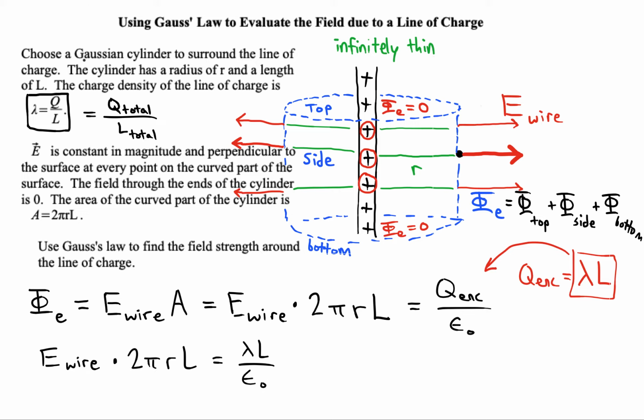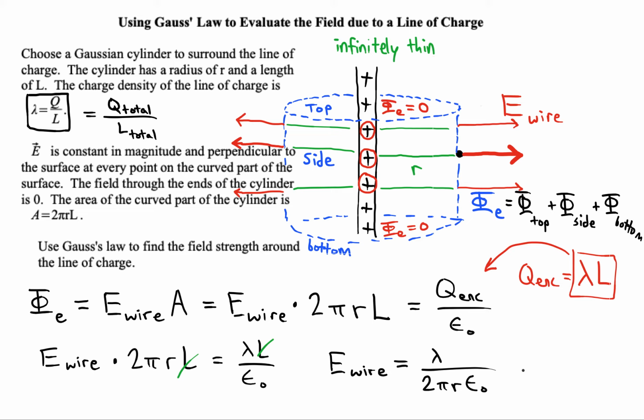As we can see, the length of the wire doesn't matter when it comes to the field that's generated. It cancels. We can solve the equation totally for E and we get that.